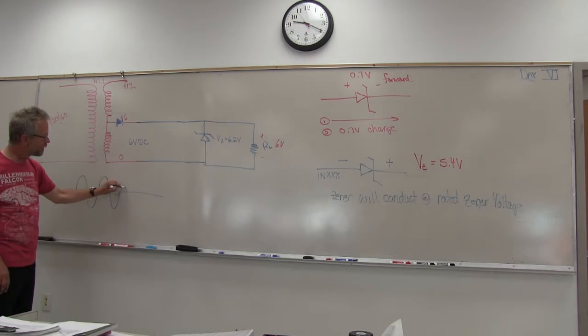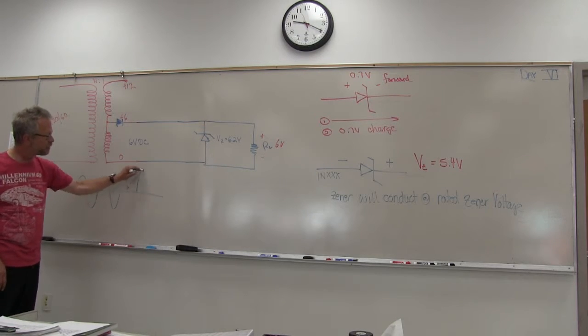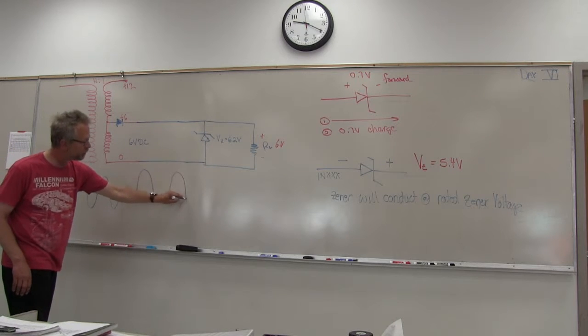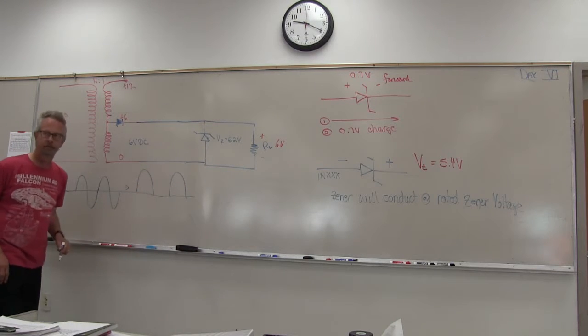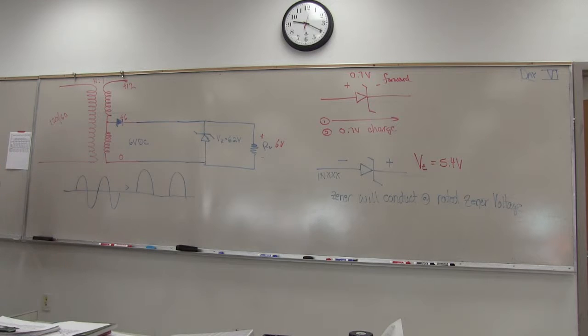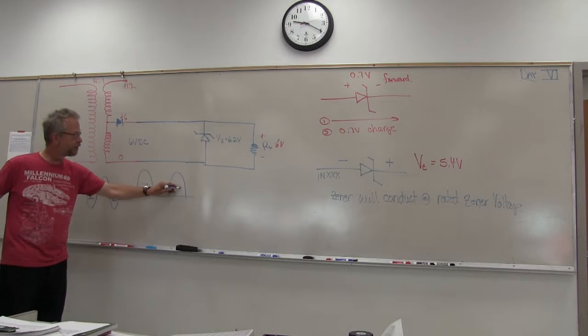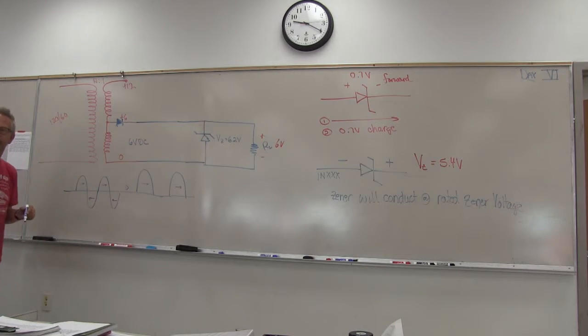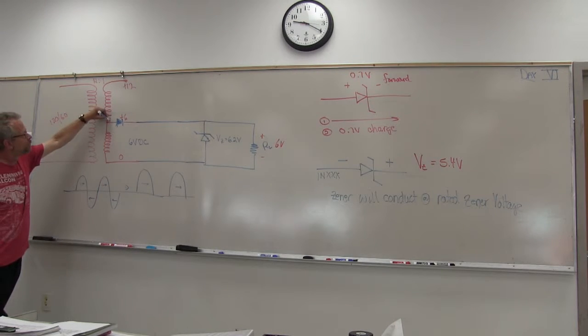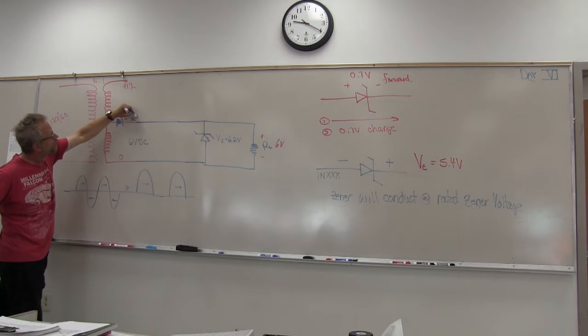So this becomes this. Current flows this way. Remember, this is alternating current, right? It doesn't allow the current to flow backwards. It only allows the current to flow in one direction. So you have the different colors. Right? So what we have is AC on one side and DC on the other side.